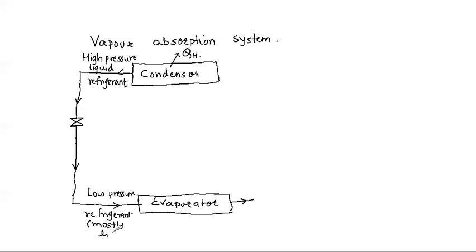Okay, mostly liquid entering the evaporator. Now, what you expect in the evaporator is that the evaporator would absorb the heat from the space to be cooled. Suppose this is a space to be cooled, from which the heat is to be rejected and taken to the evaporator. So let us say QL, right?